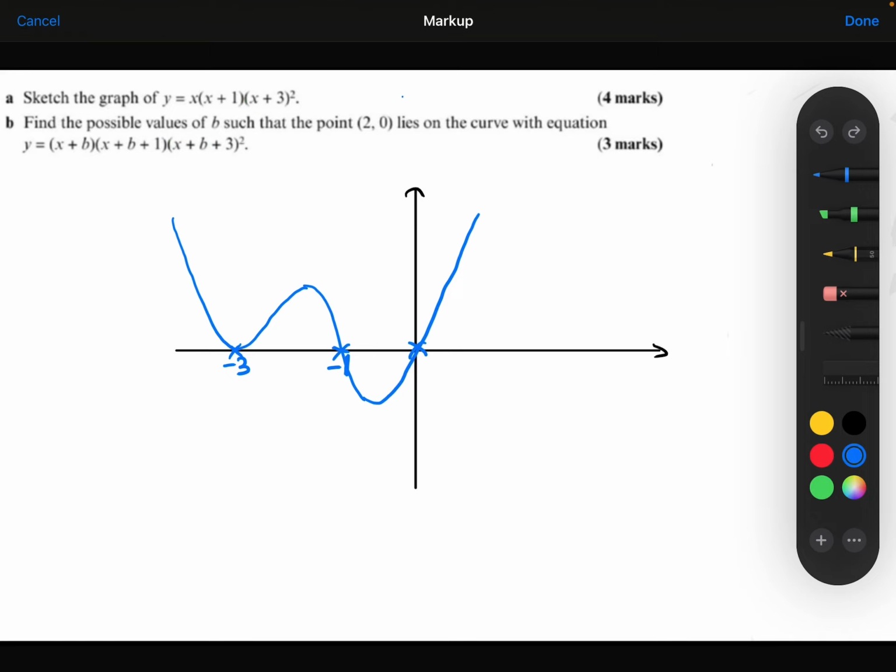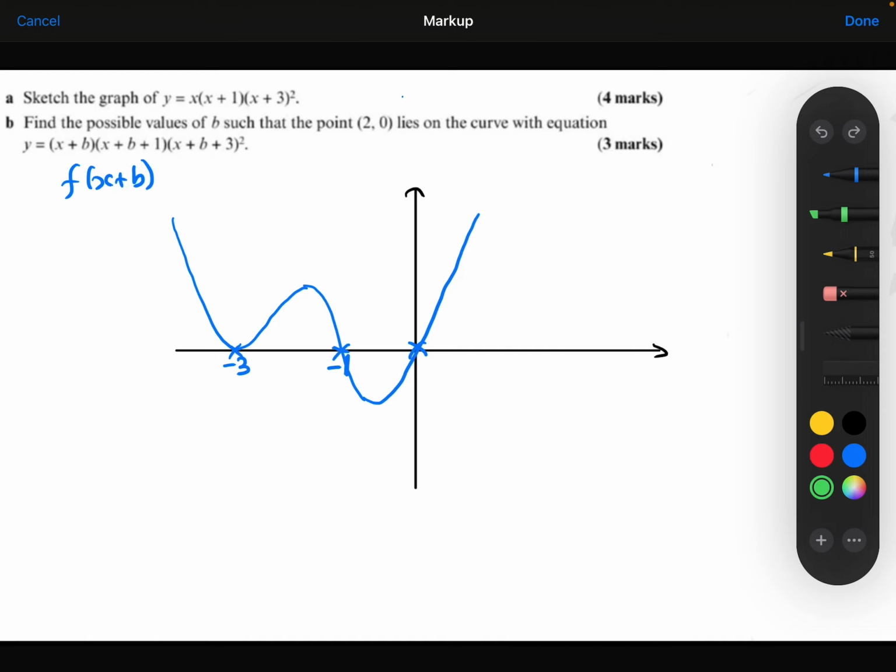So actually, part B is exactly the same as part A, but with an x plus b substituted instead of the x. And we know what this plus b does. That just translates the graph b units in the x direction.